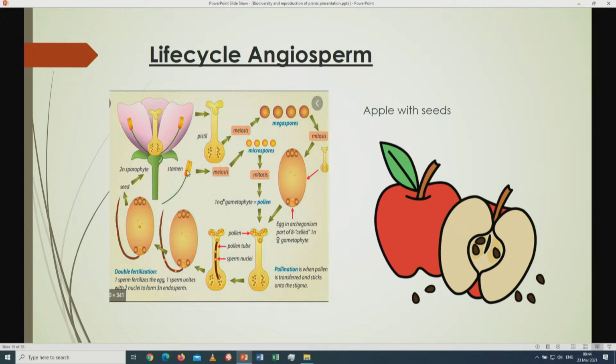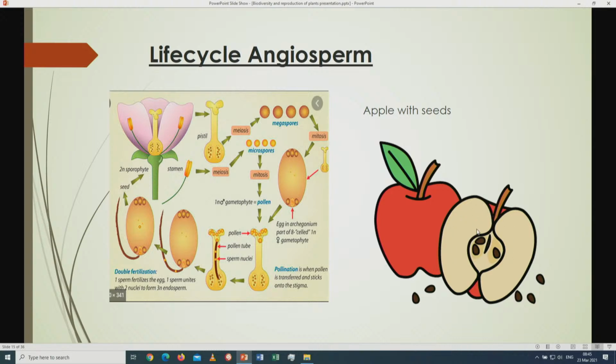Once fertilization has taken place, an ovule, or the structure within it called the embryonic sac, will become a zygote, and later it develops into a seed. As you can see here is the seed, and the whole ovary develops into a fruit.